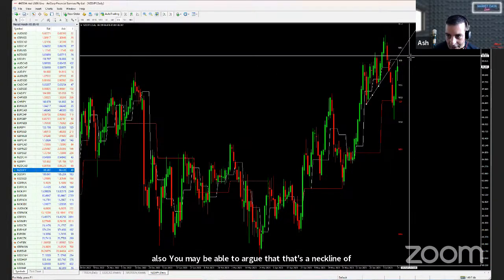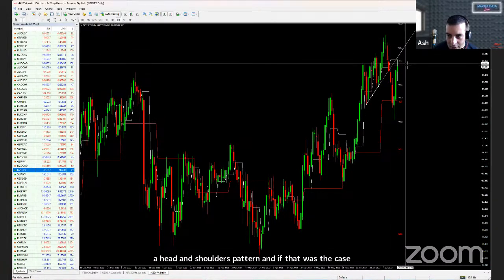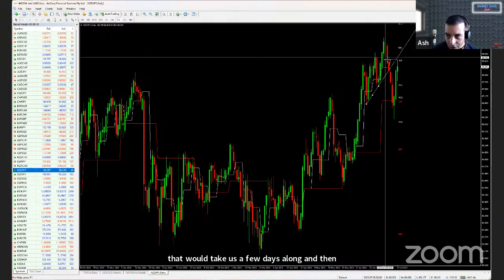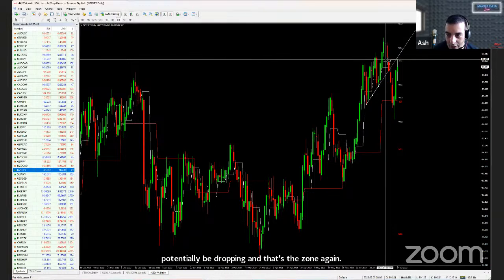And if that was the case, that would take us a few days along and then potentially be dropping. And that's the zone again. So the zone for the Kiwi yen short would be around about the 88.70.